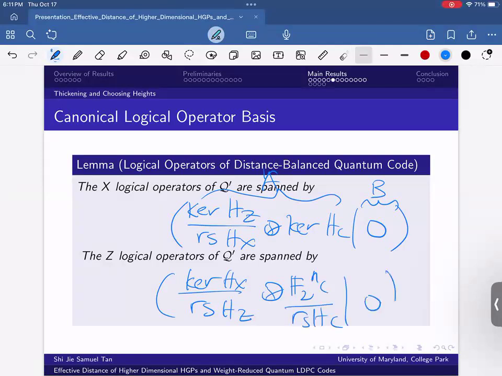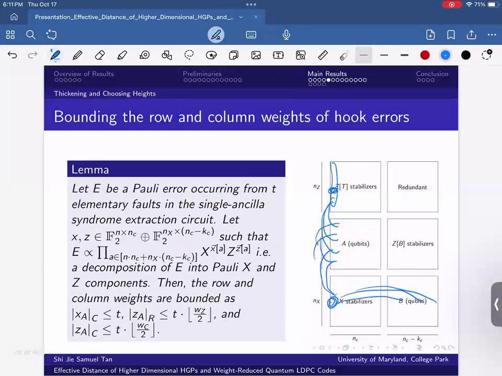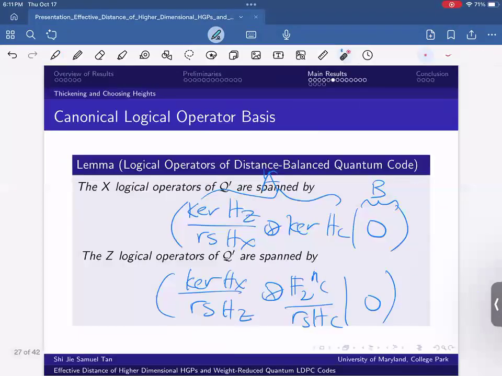RS is just the row space. The idea is that you can construct a complete basis for the X logical operators just from looking at region A itself. This side over here is pretty intuitive because this is the X logical operator of the original quantum code.